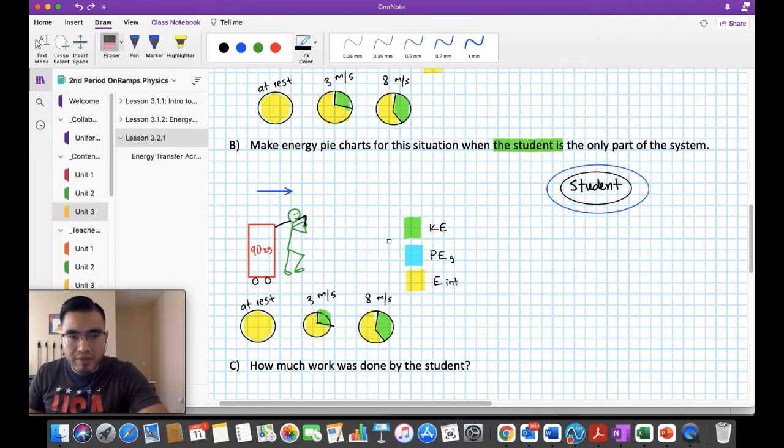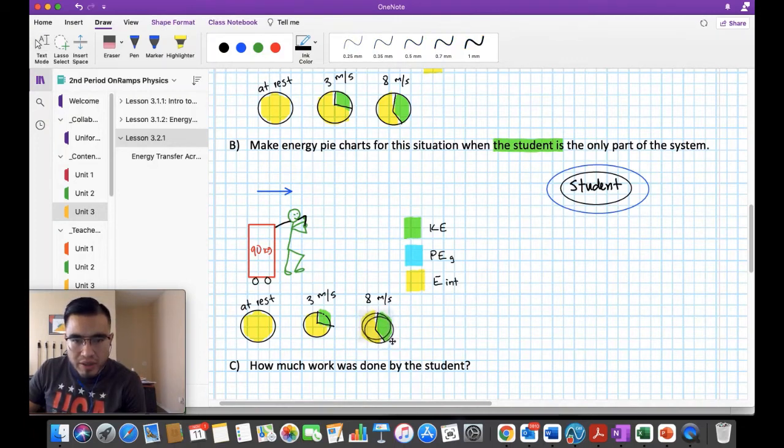That's fine. And then when the student reaches 8 meters per second, of course, they're using a lot more energy, right? Oops. Oh, that's fine. Well, I needed to make it even smaller. They're using a lot more energy. So they're going to be tired, right?